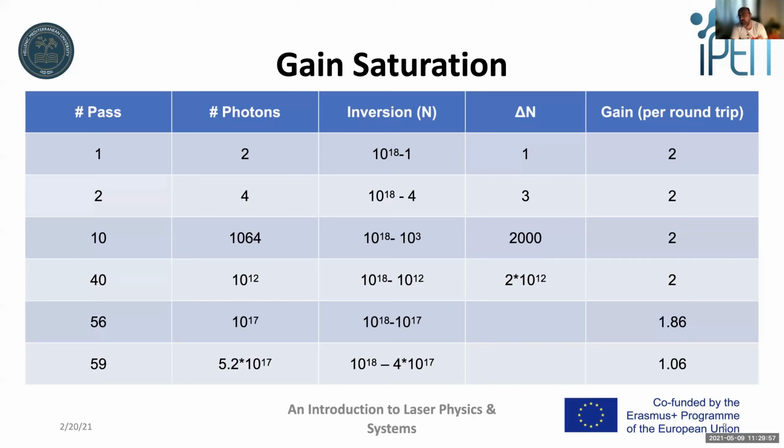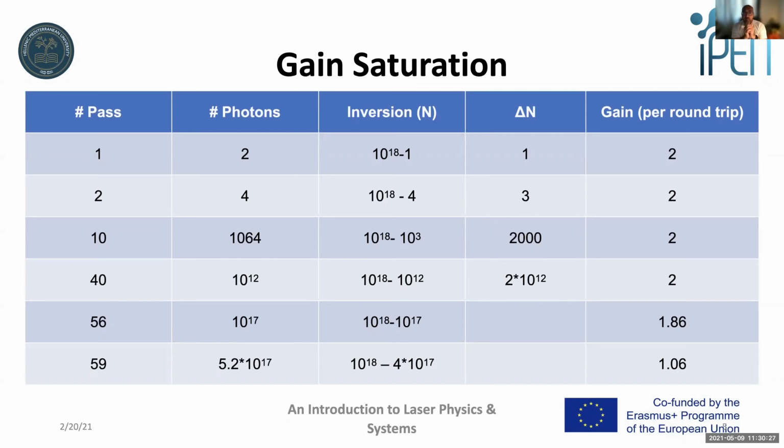Then we can see that the population gain has dropped almost to the value of 1, which is the threshold value. So from this table, what we can understand is that as we increase the number of laser photons trapped within our oscillator, we lower the population inversion that we have available within our material.